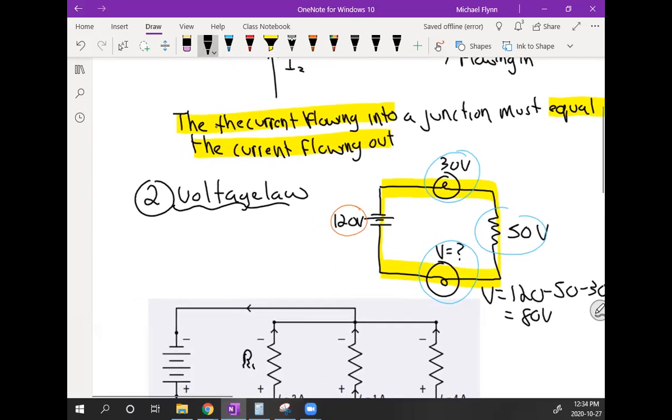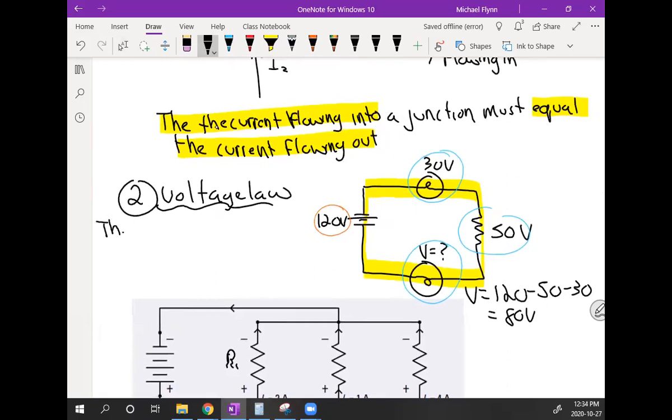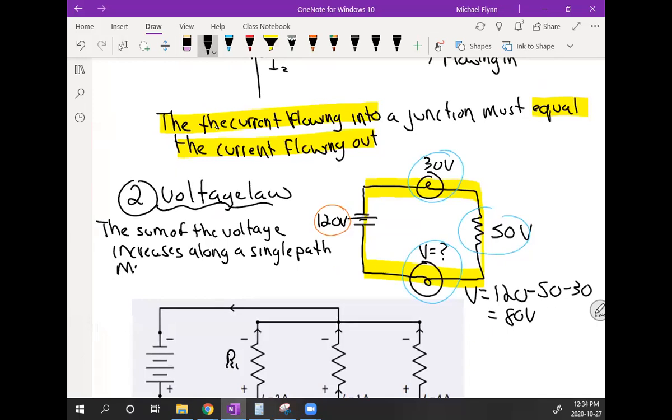And the way it's worded in words is you write the sum of the voltage increases along a single path must equal the sum of the decreases.